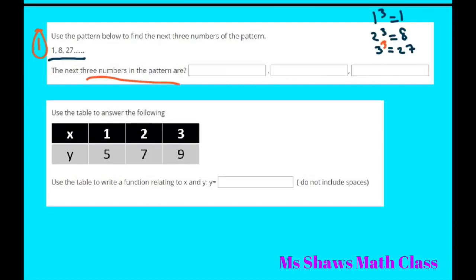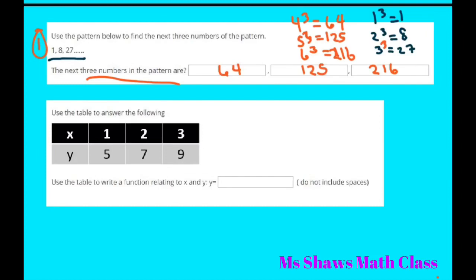That would be 4 cubed, 5 cubed, and 6 cubed. So 4 cubed is 64, 5 cubed is 125, and 6 cubed is 216. That's just knowing your basic cubes, like you know your squares.